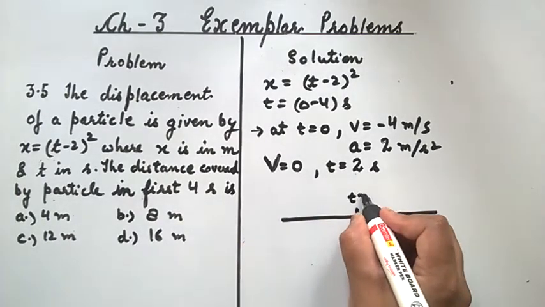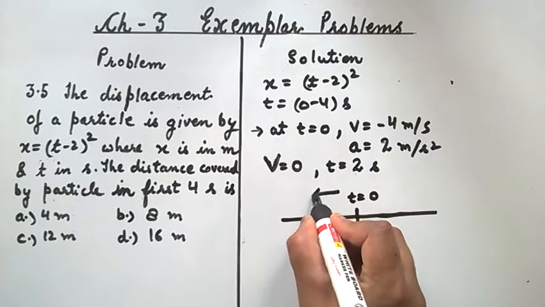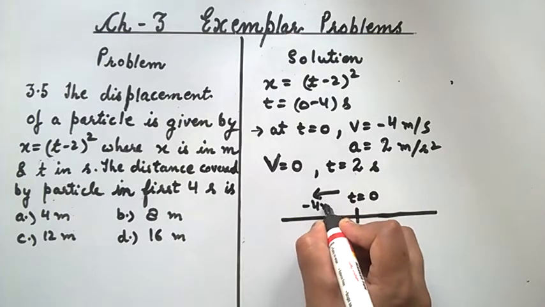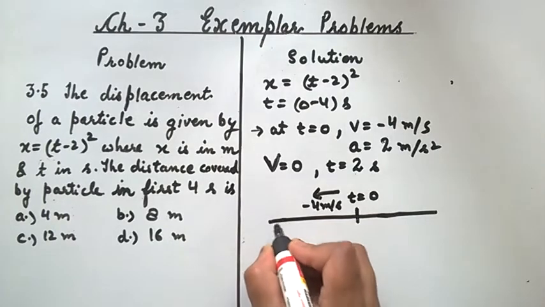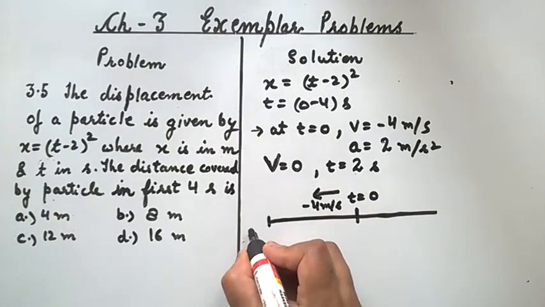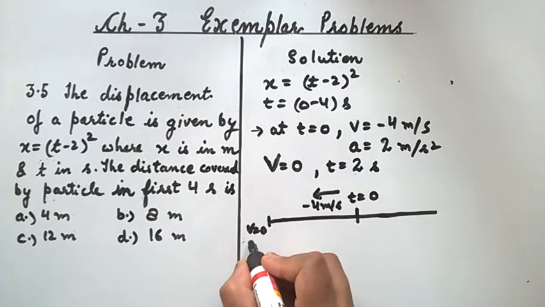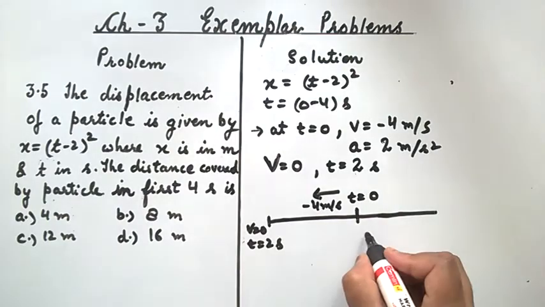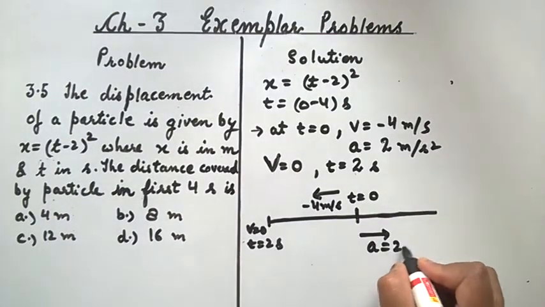At time t equal to 0, the particle starts moving in the negative direction with an initial velocity of minus 4 meter per second, and its velocity will become 0 at time t equal to 2 seconds. And its acceleration is positive, that is 2 meter per second squared.